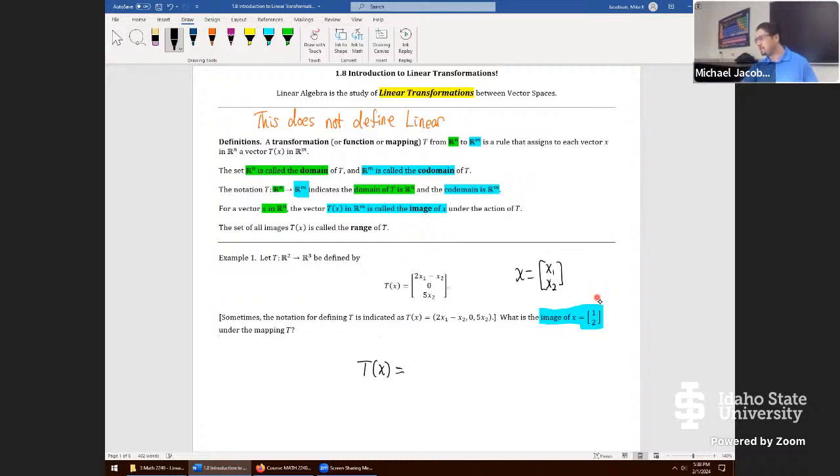Well, to do T of x, another way you can think about it is it's the same as taking T of x1, x2. We know the values of x1, x2. It's going to be 1, 2 coming from here. So we have T of 1, 2.